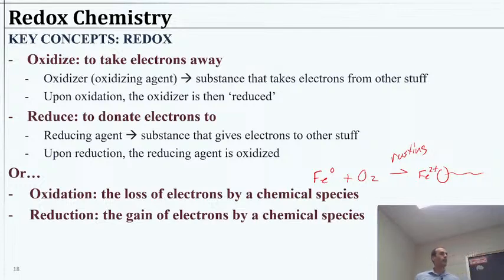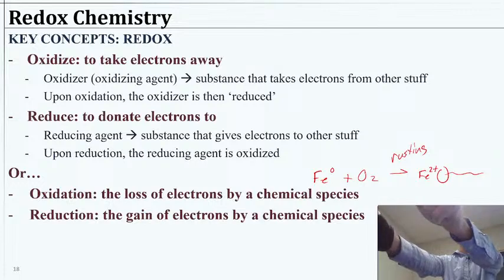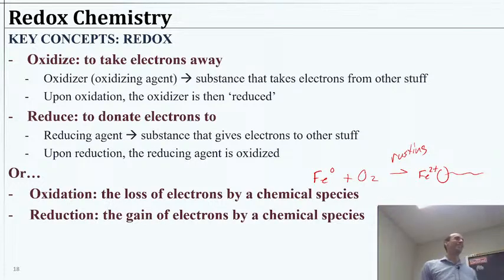And we can always come back to this concept of oxidizing is stealing electrons from something else. The process of oxidizing is the process of taking away electrons. The process of reducing is the process of kind of forcing electrons onto something else, if we're going to be forceful about it.